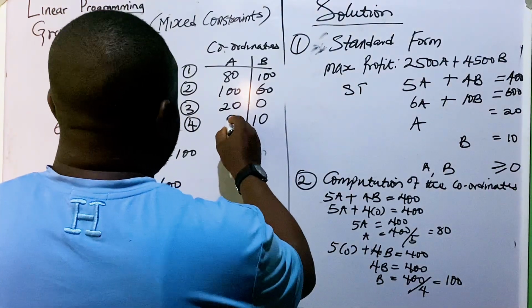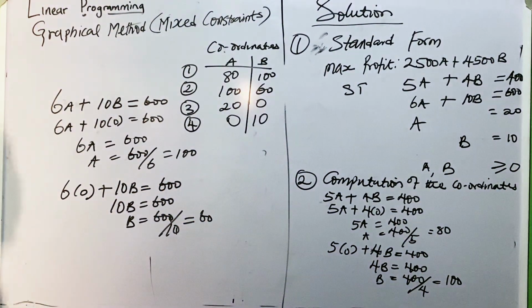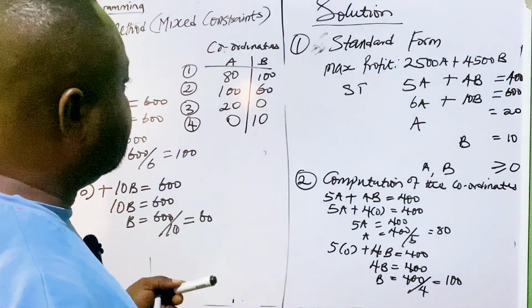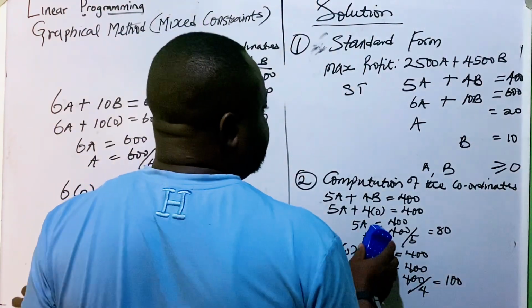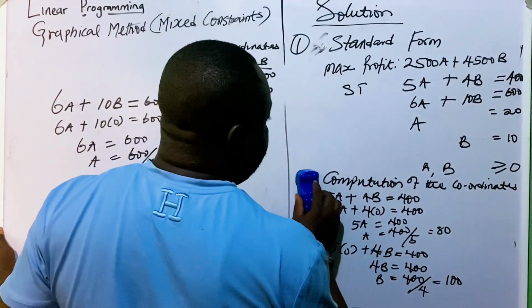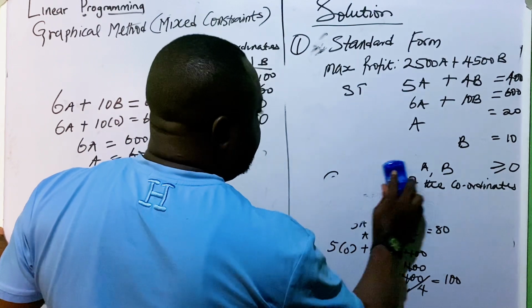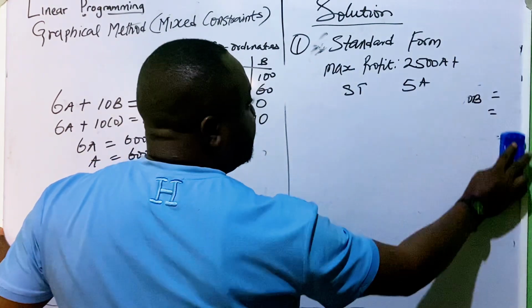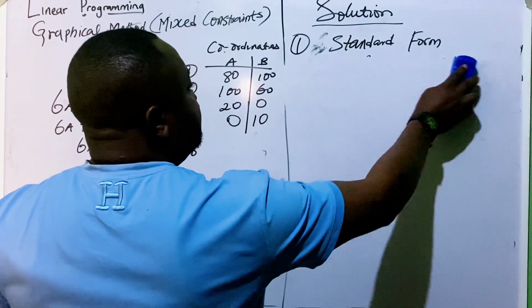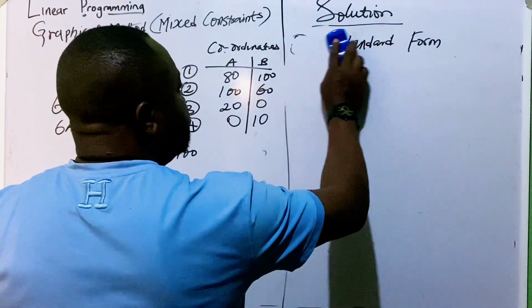So with this, we can now go to step 3, which is graphing the constraints, using the coordinates that we've computed. So we are going to choose our scales appropriately and now graph our constraints. Then after which you're going to test them by testing the extreme corner points.